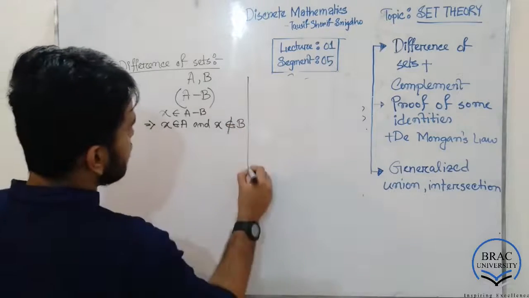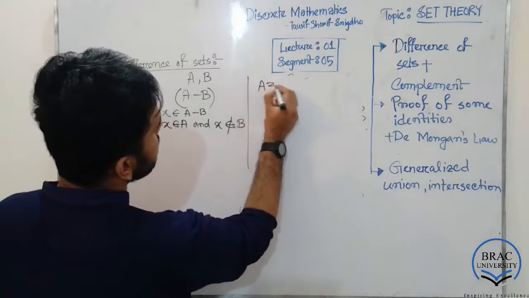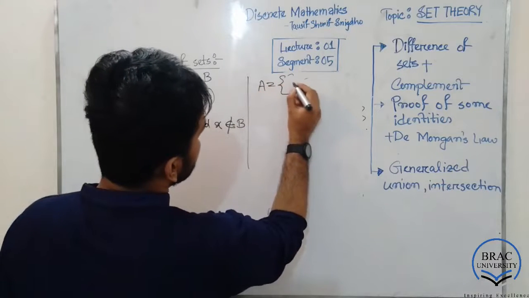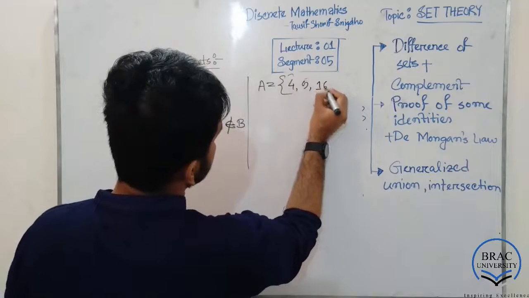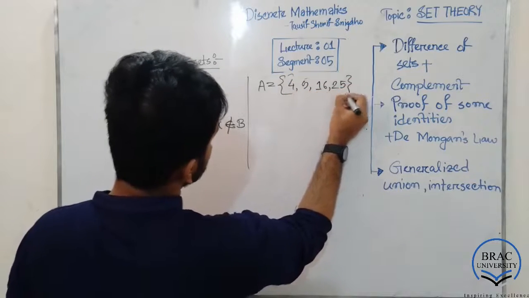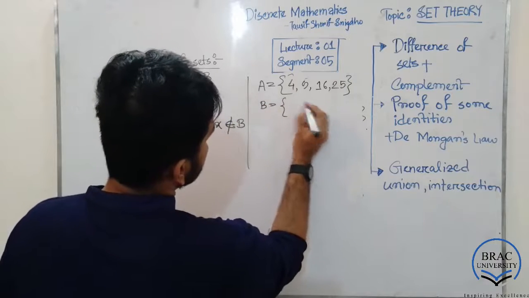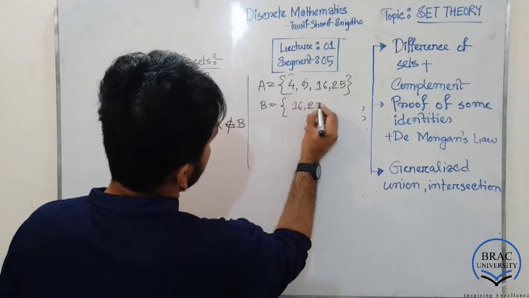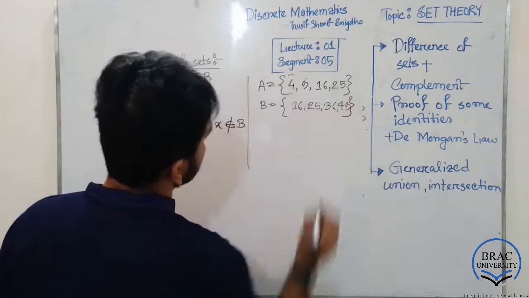We can see an example here. For example, set A is 4, 9, 16, 25 and set B is 16, 25, 36, 49.